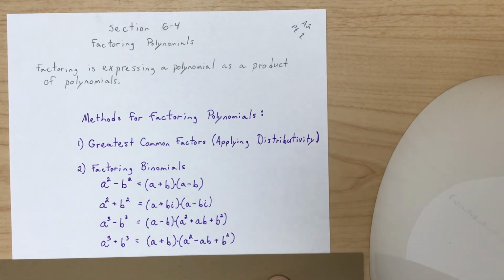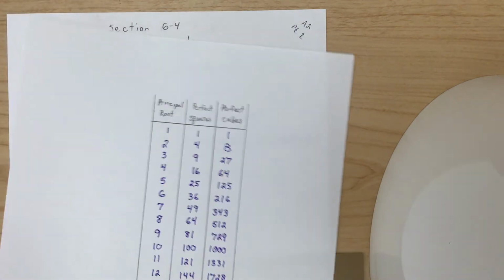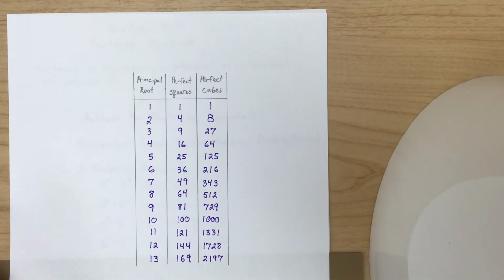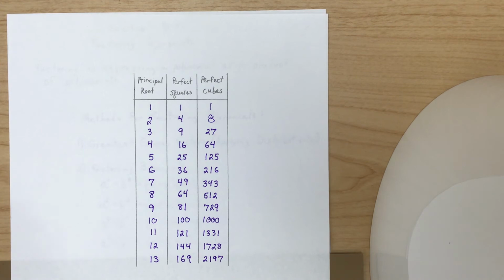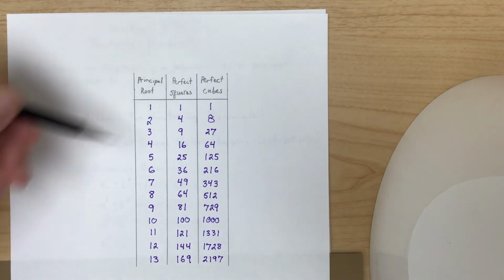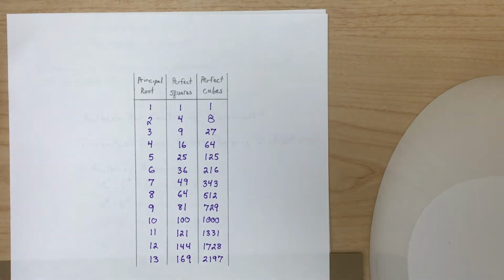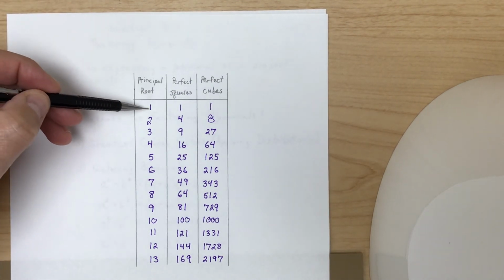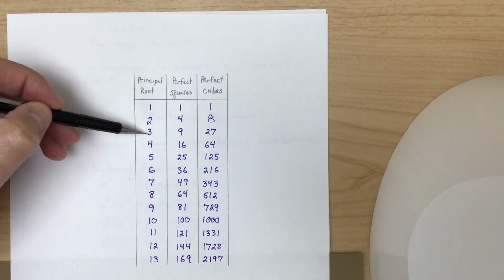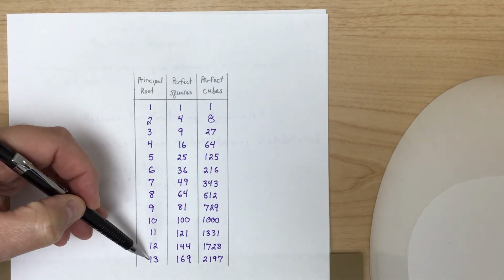Now, I kept on bringing up the idea of perfect squares and perfect cubes. Again, I've shared this with you before, but this is the first 13 perfect squares and perfect cubes. Now, I keep on bringing up principal root. Principal roots are 1, 2, 3, 4, 5, all the way up to 13.